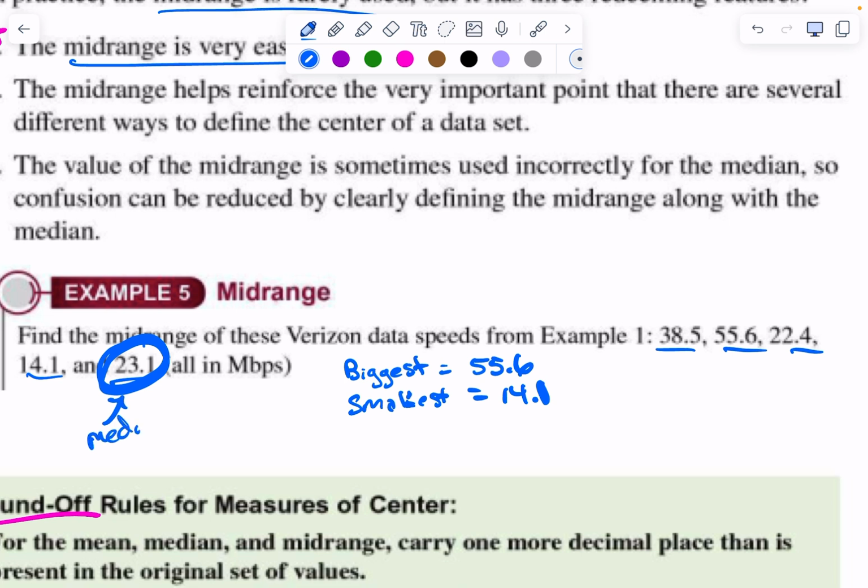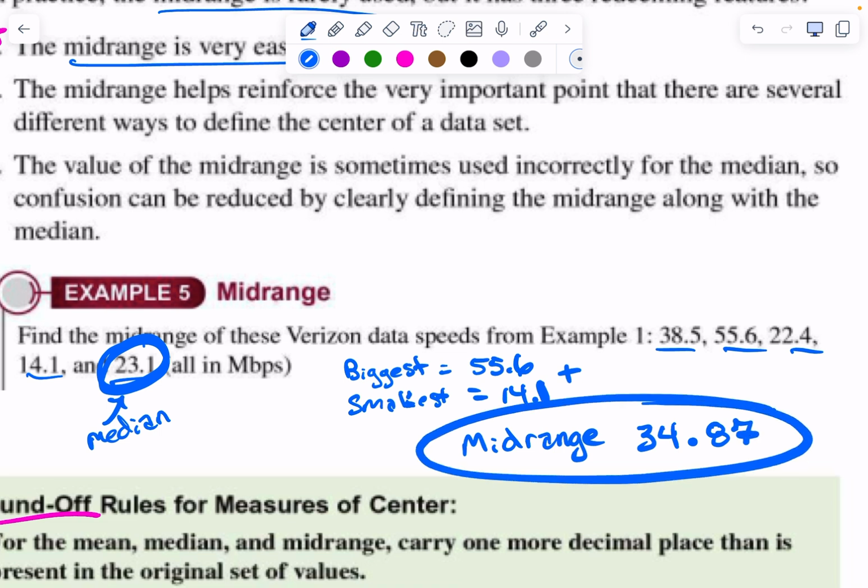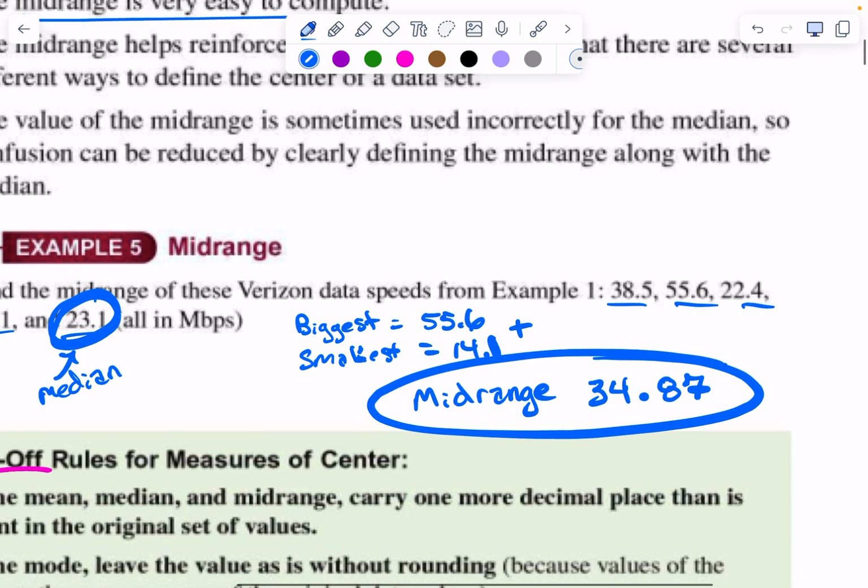But what should the median be if I add these together and divide by 2? 34.85. So the mid-range is 34 point what? And do you remember the rule? It should be 8.5 actually.